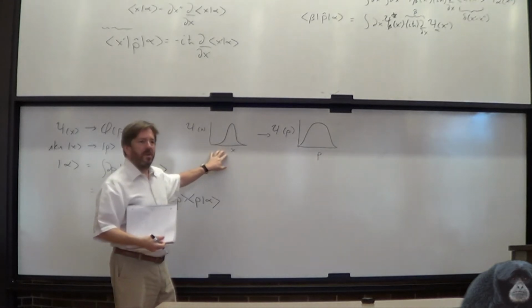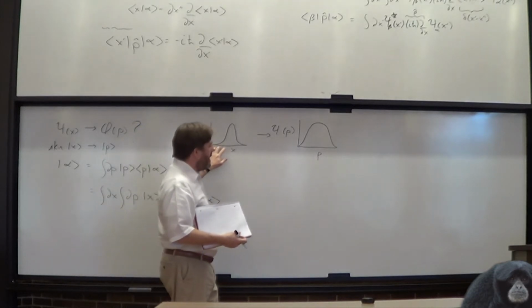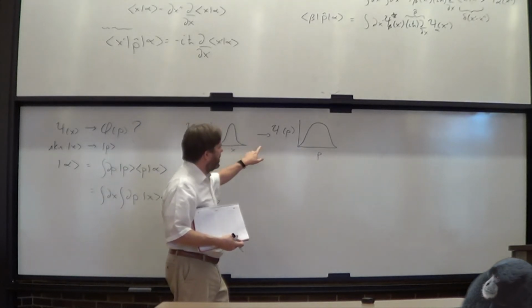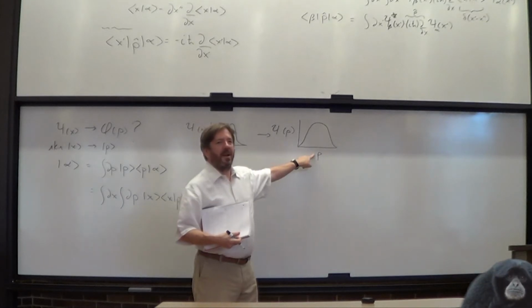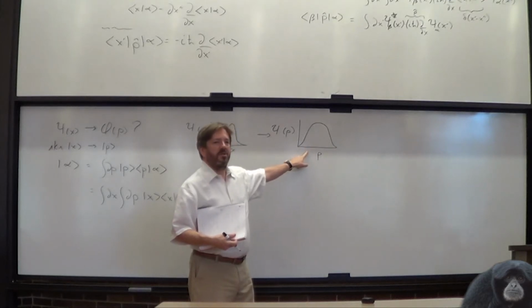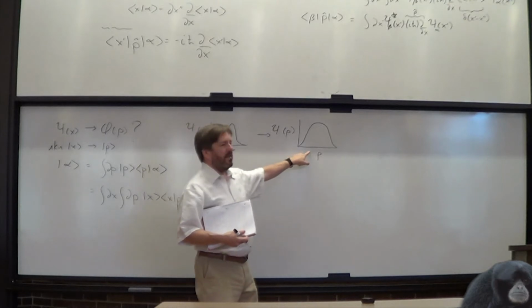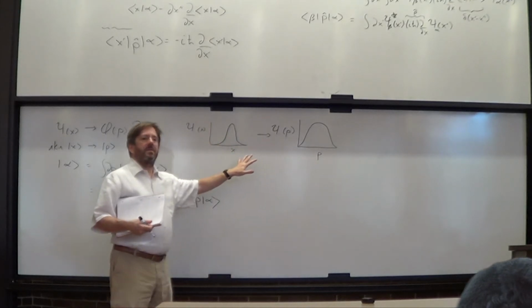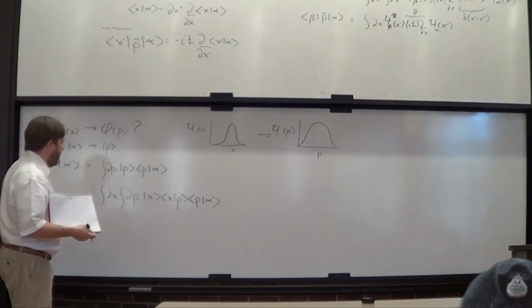Little bell-shaped wave function, there's lots of little bell-shaped wave functions. Many things are bell-shaped wave functions. When I Fourier transform that, I just gave it away, when I do the necessary operation to turn it to the momentum representation, it's still bell-shaped. If it's thin, it comes out wider. If this is wider, it'll come out thinner. Just note that. Anyway, that's what we're figuring out how to do.